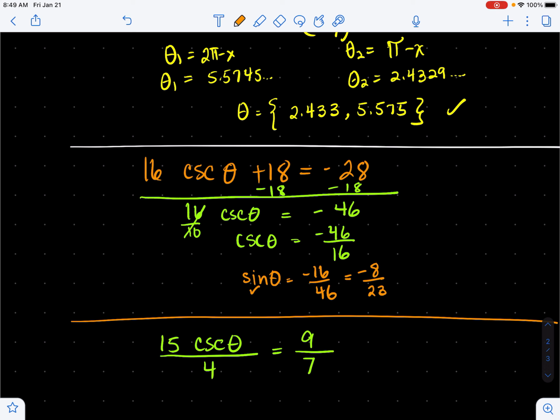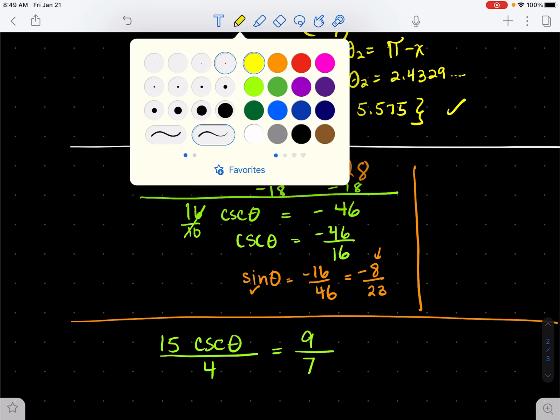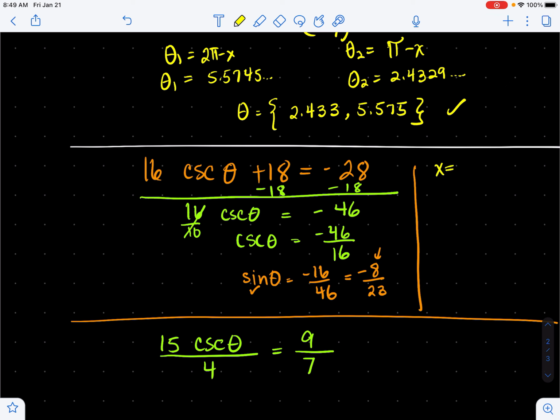This one matches, this is a sine question with negative values, so I should follow those rules, which means I shall first find x, which is sine inverse of the positive value.